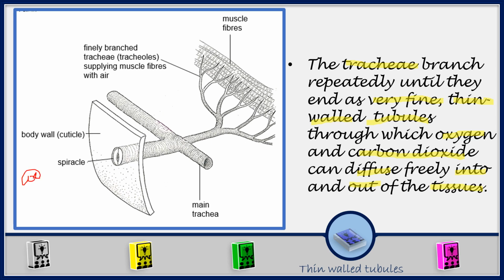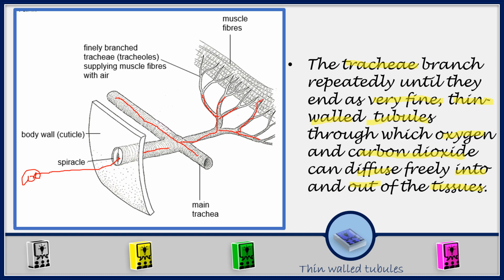When it comes from outside, it will diffuse through the spiracle, and then it will enter into the trachea. Now, the trachea divides into very many fine branches, and those branches we refer to as the bronchioles. So it divides into those little branches, and then it distributes oxygen to the tissues.